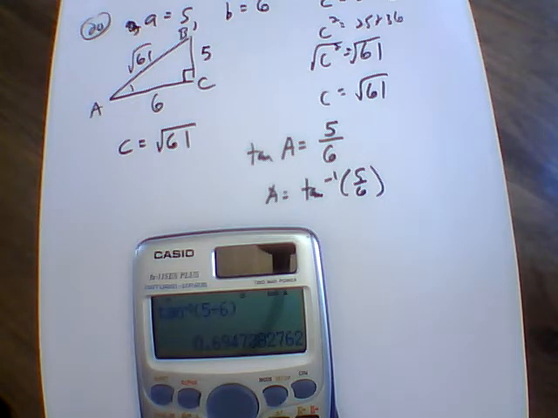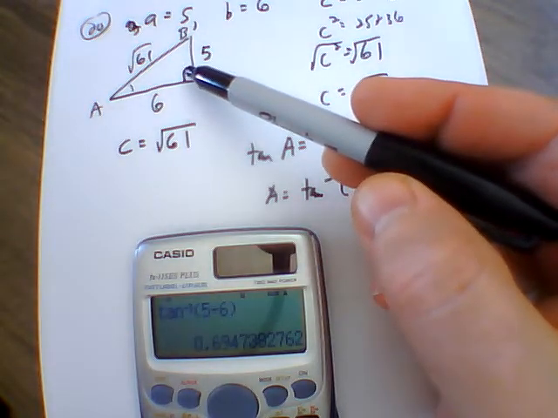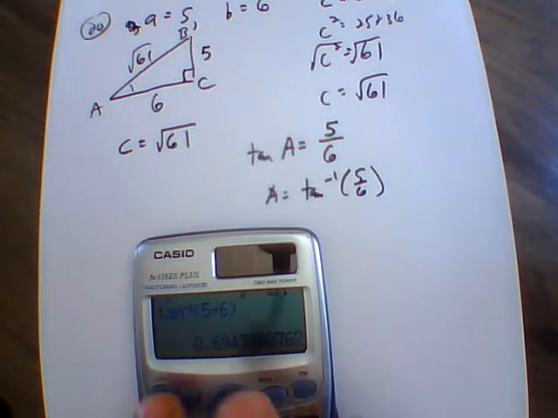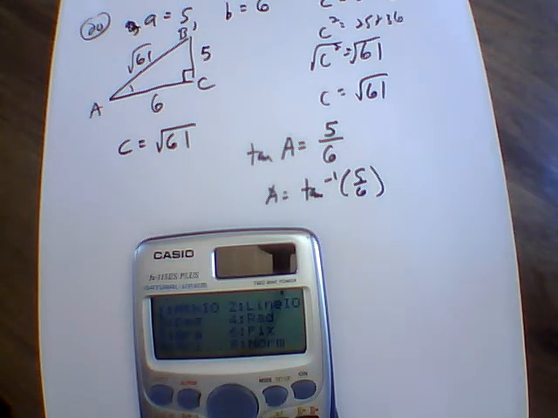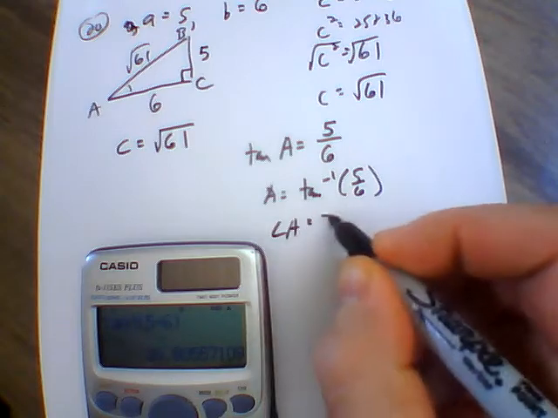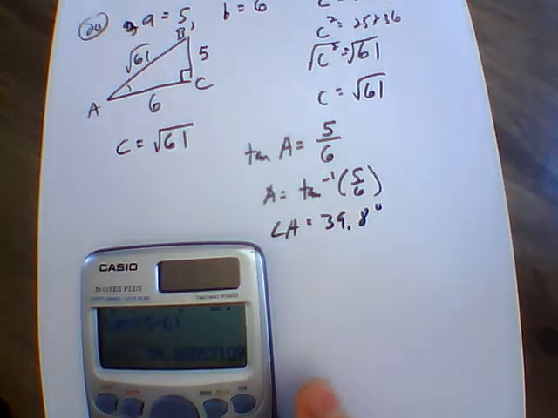It doesn't necessarily specify that we have to use degrees. But how many radians are in one triangle? So if you switch this over to degrees and recalculate, you get 39.8. So angle A is 39.8 degrees.